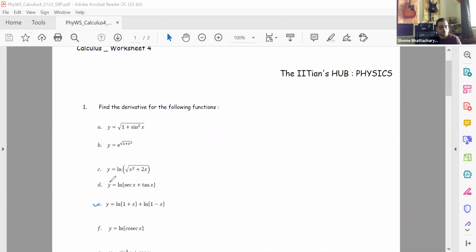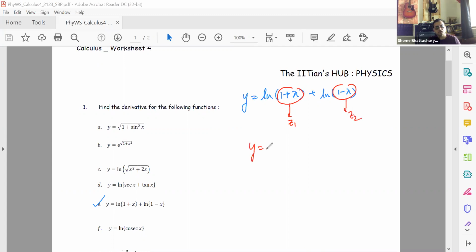Okay, so alternatively, what we can also do is, when we've expressed y as ln 1 plus x plus ln of 1 minus x, we can substitute this as, let's say, z1 and this as z2.